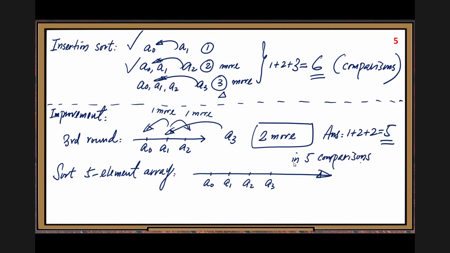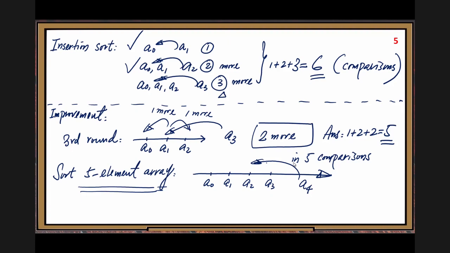Okay? In 5 comparisons. When we sort a 5-element array, how about we sort the first 4 elements in 5 comparisons? Right? Then, let's consider the last element. We want to do an insertion operation, and you can apply the binary search.